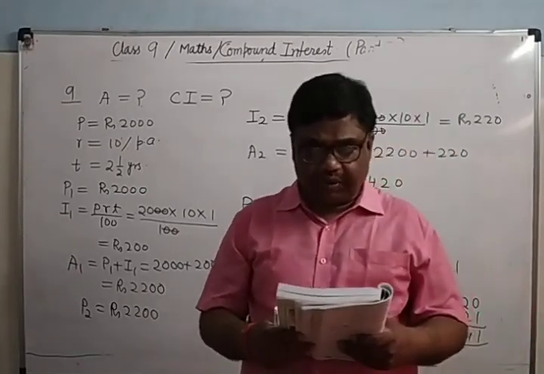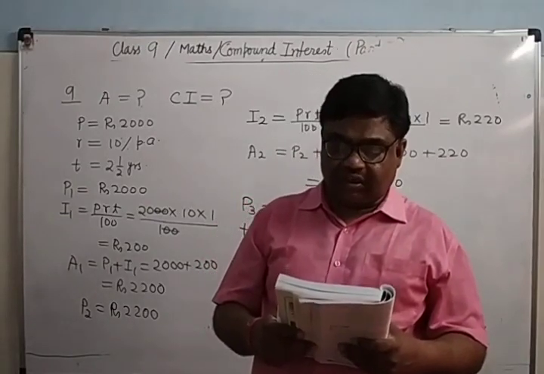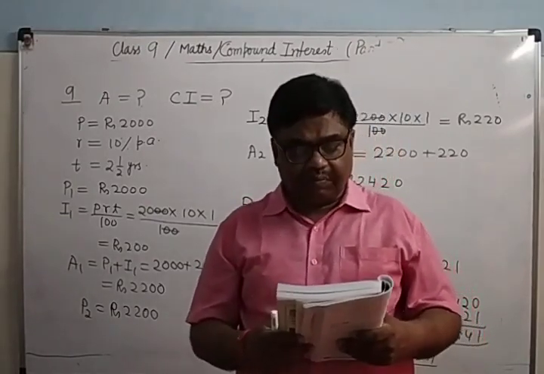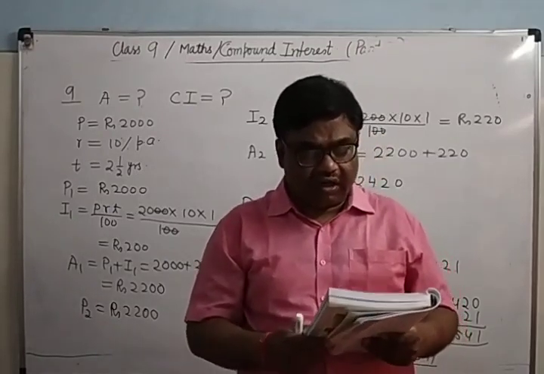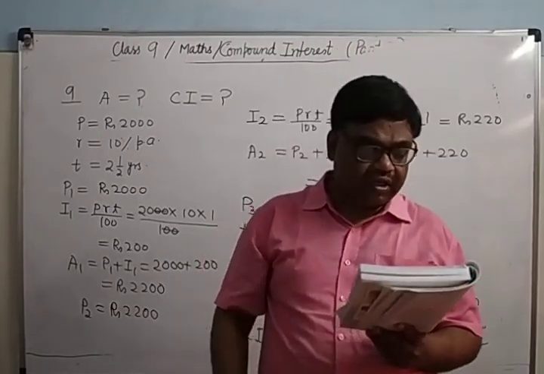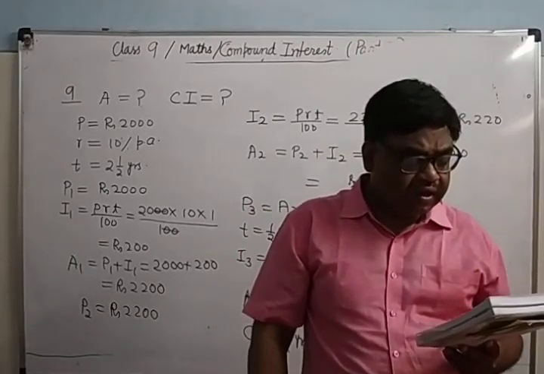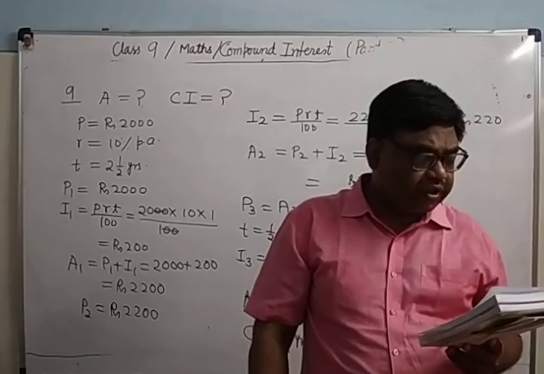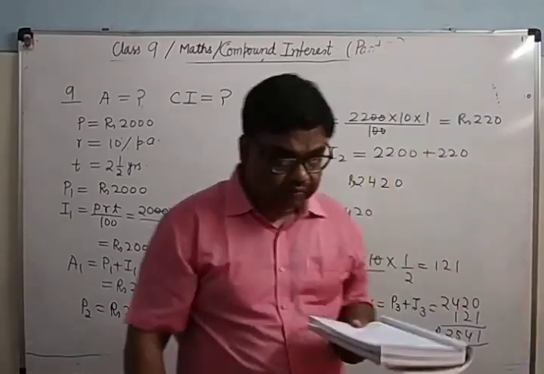Similarly, in question number 12 also, for the first year the interest rate is 10%. For the second year, it is 10%. But for the third year, it is 14%. It's clear. Now you can see here question number 15.